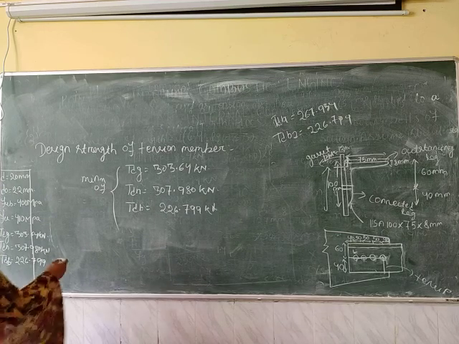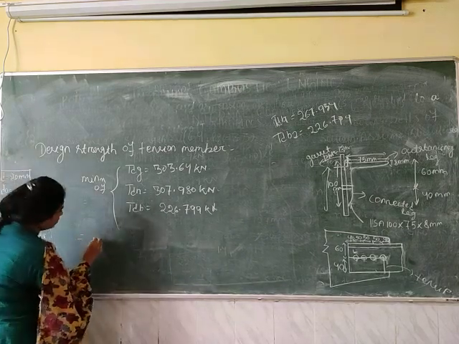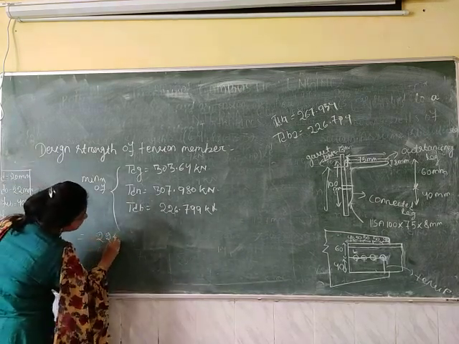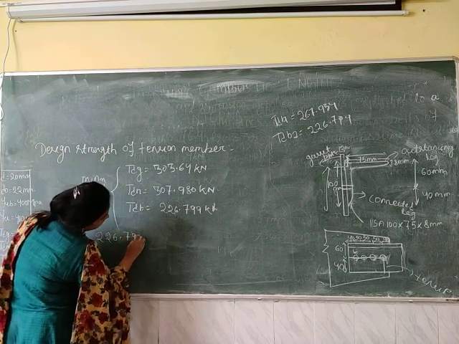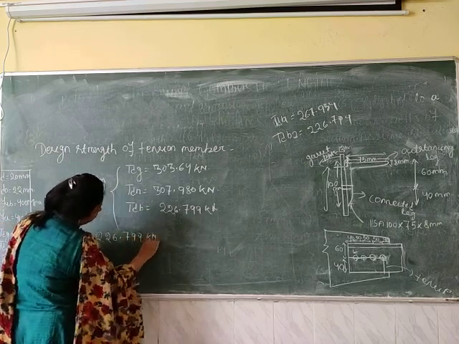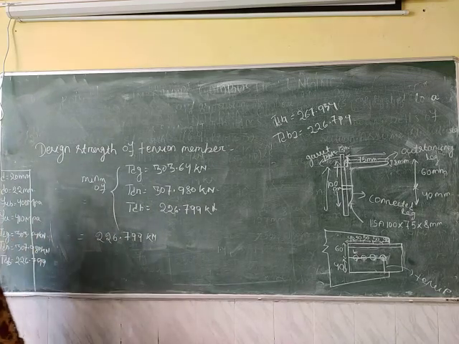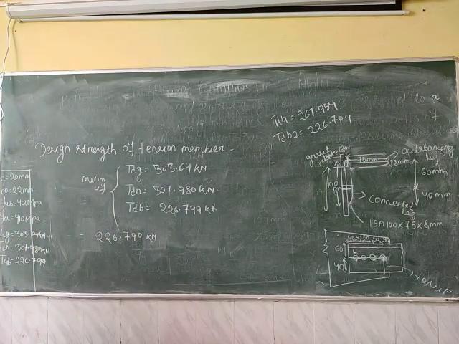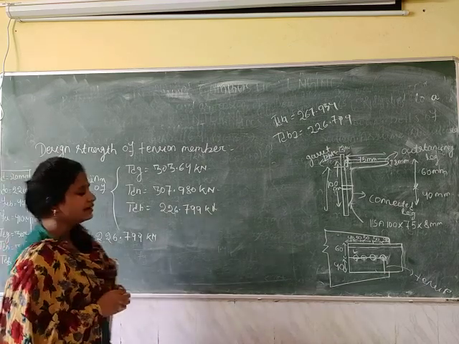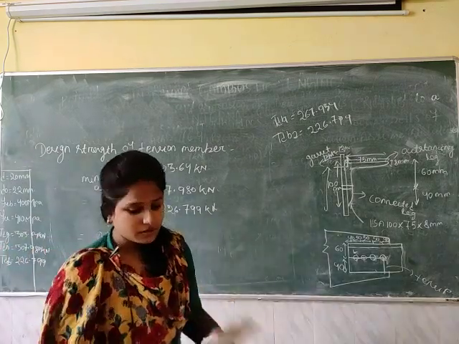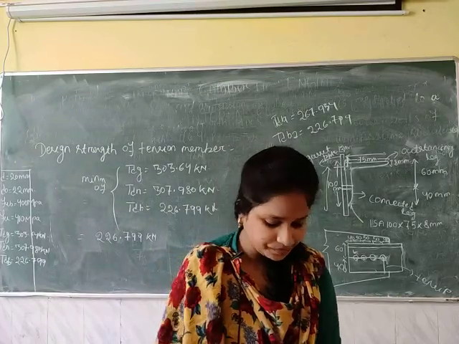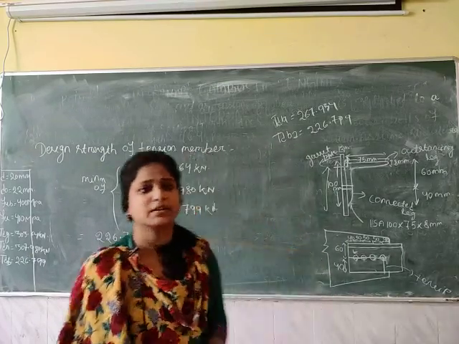So the minimum value is 226.799 kilonewton. So the design strength of the tension member, the value we got, is 226.799 kilonewton.